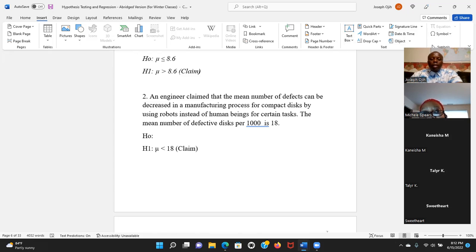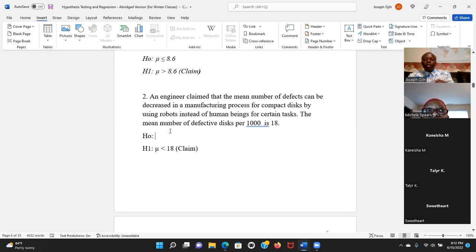Then this one says the opposite. So it's gonna be mean greater than. But you cannot use greater than here. You can only use, for now, the opposite of the claim. Both of them are the opposite of the claim. Now the claim can be in the null sometimes. I will show you where the claim is in the null.